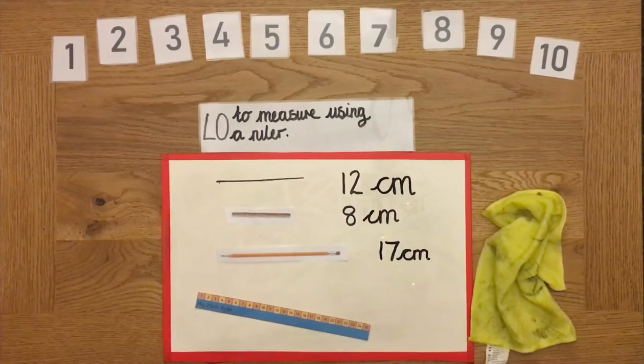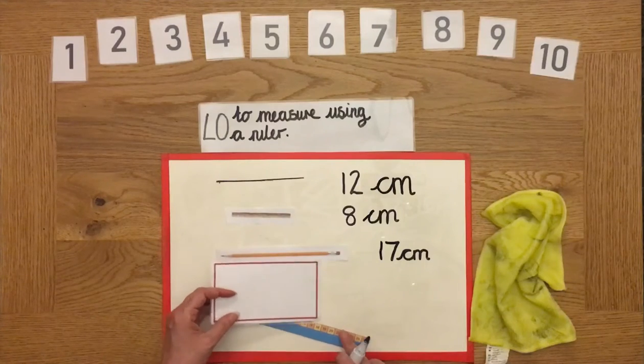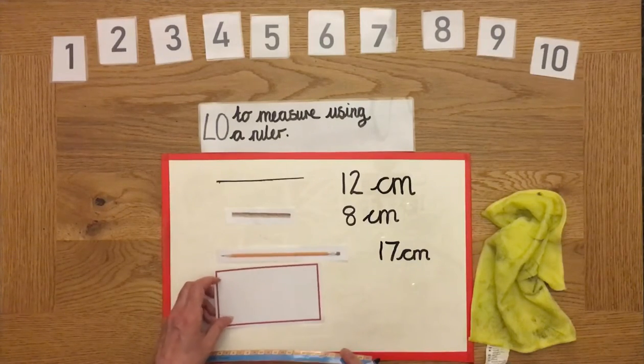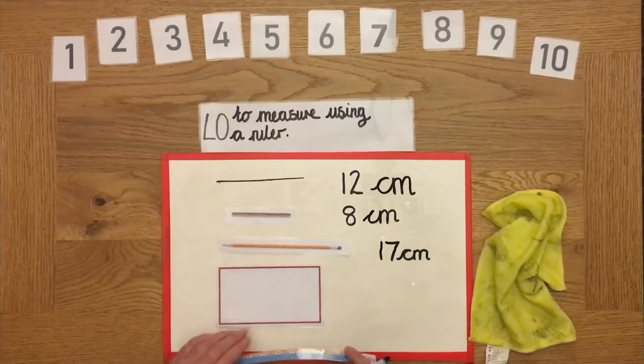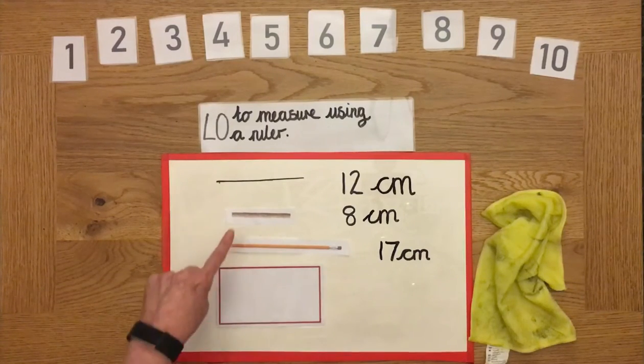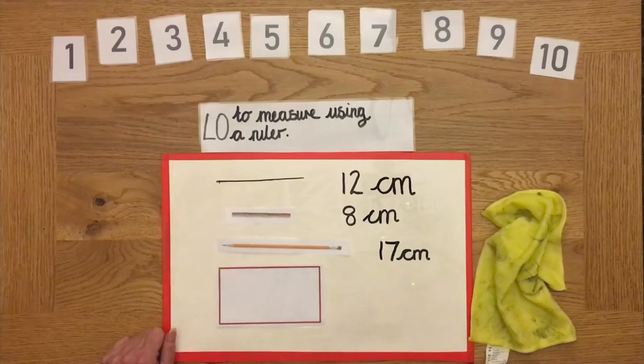Let's see what else I've got to measure. I have one of my 2D shapes and I want to measure one of these edges, one of these sides. I'm going to measure the long side. Do you think that's going to be more or less than the rope? Let's have a look. Let's measure.